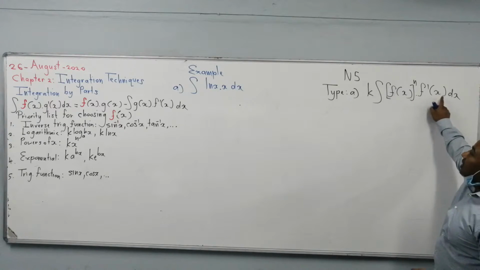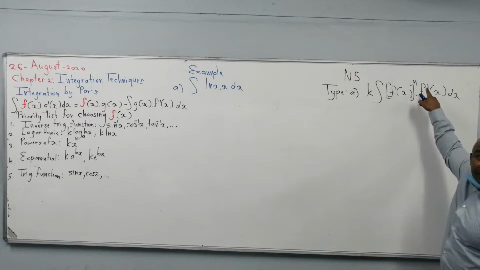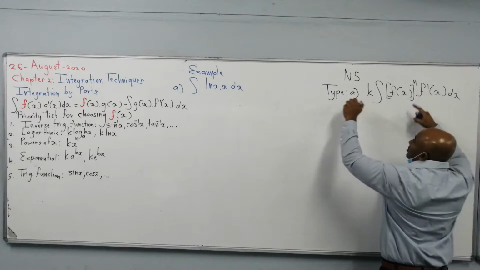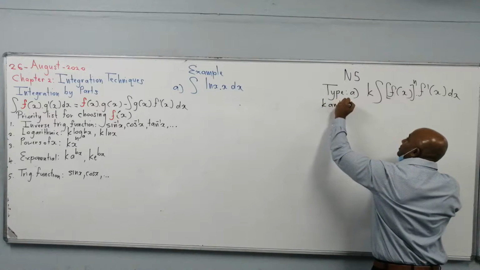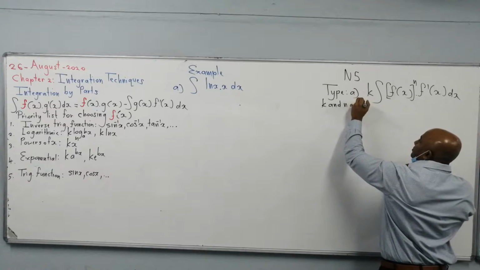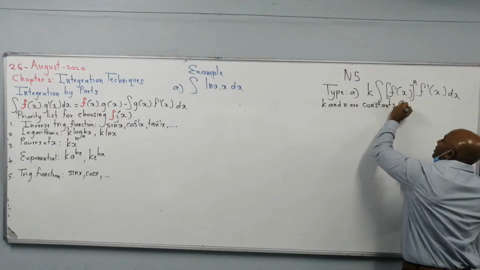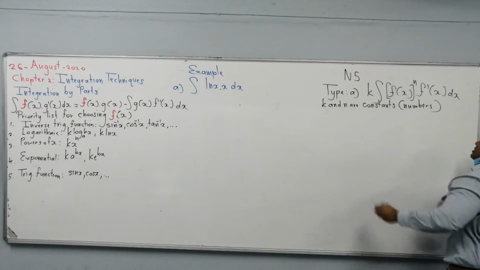So, what is happening here? You've got f of x multiplied by the exact derivative of f of x, which is f prime x. These two, k and n, are just numbers, constants.